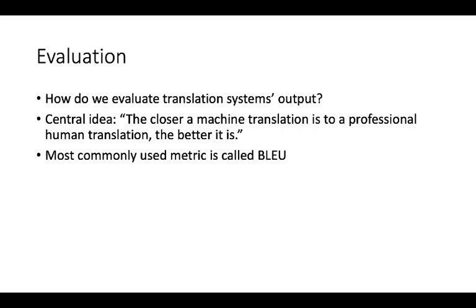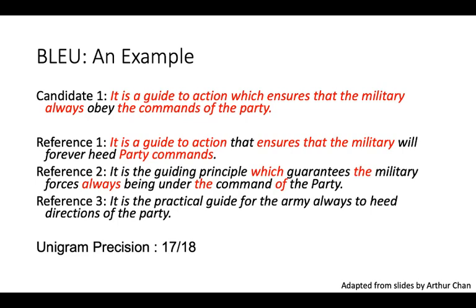And there is a very popular metric called BLEU. And the basic idea is that we can count how many unigrams of the translation candidate exist in the reference sentence.